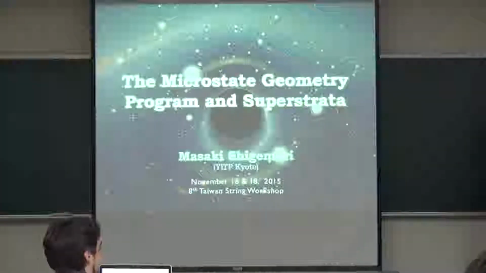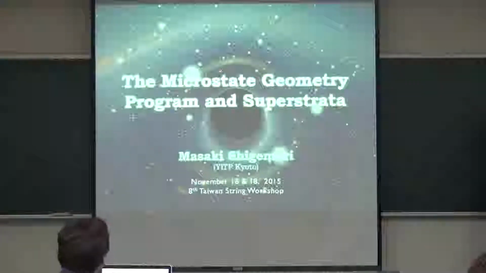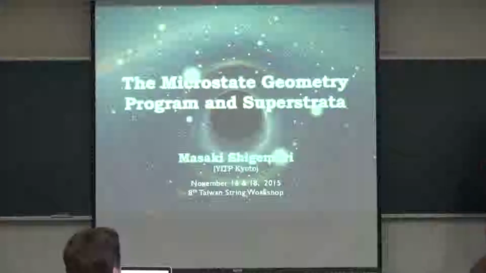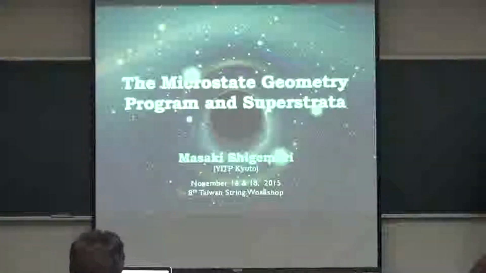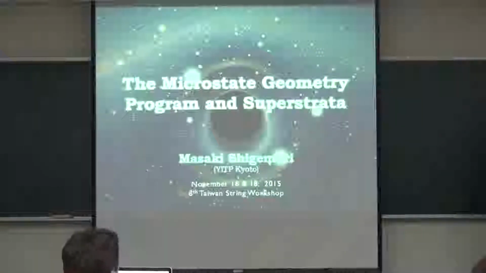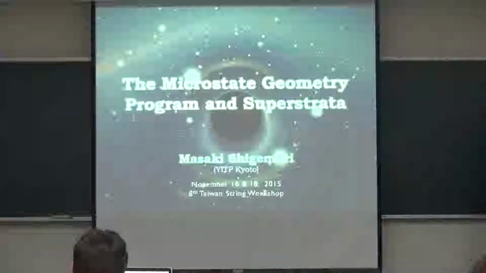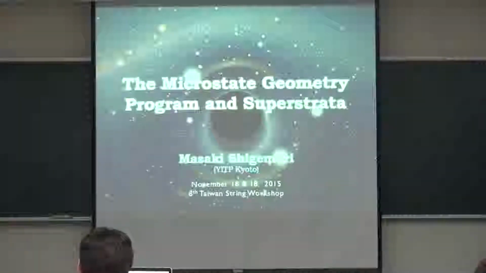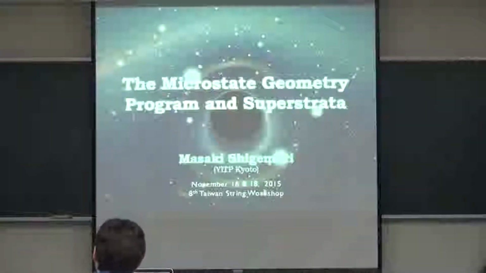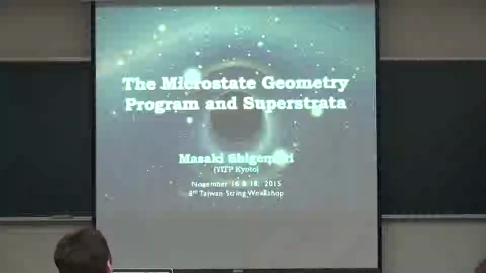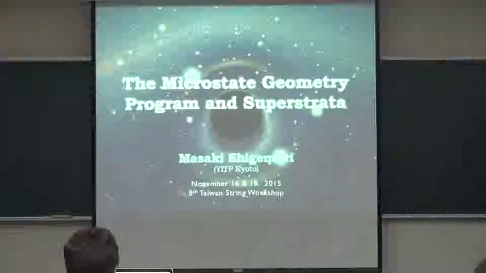Okay, so the microstate geometry program is Superstrata. The microstate geometry program, if you know it, is about constructing microstates of a black hole in terms of classical gravity solutions, and it is to some extent successful, but it's not fully successful, in the sense that it has not reproduced the black hole entropy.